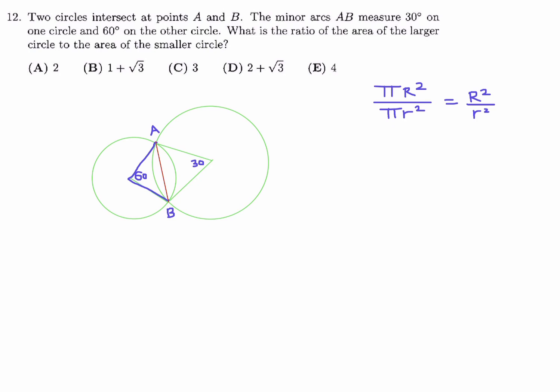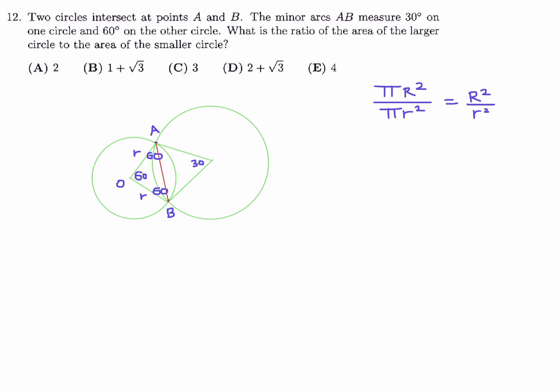The reason is that from the center, let's call it O, to here is the radius, and from the center to here is also the radius. So that means that this angle must be the same as that angle. Since this angle is already 60, those two angles add up to 120, so each of them is 60. So that's 60 and that's 60.